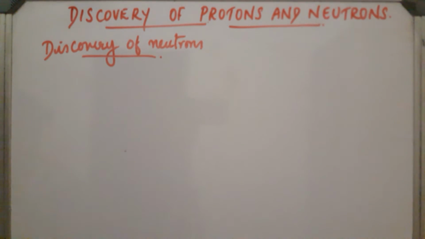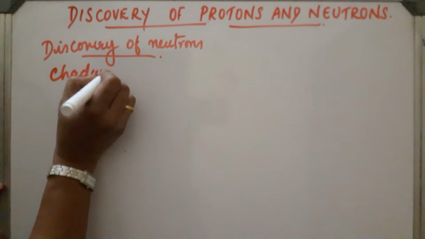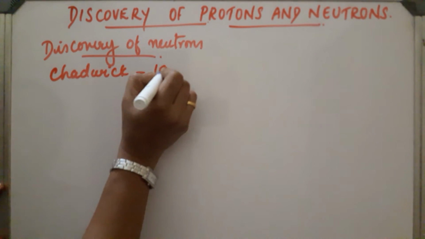Discovery of neutrons. Neutrons were discovered by Chadwick in the year 1932.